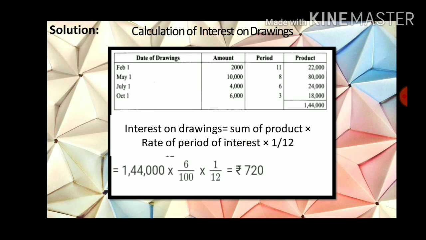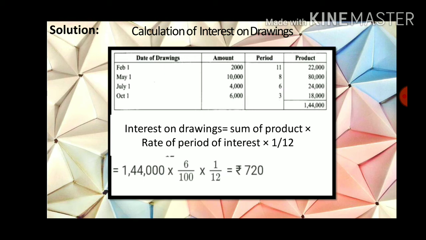How to form the table columns? The first column is date of drawings, mention the dates on which they take the drawings. Then the second column is amount, how much amount they take.